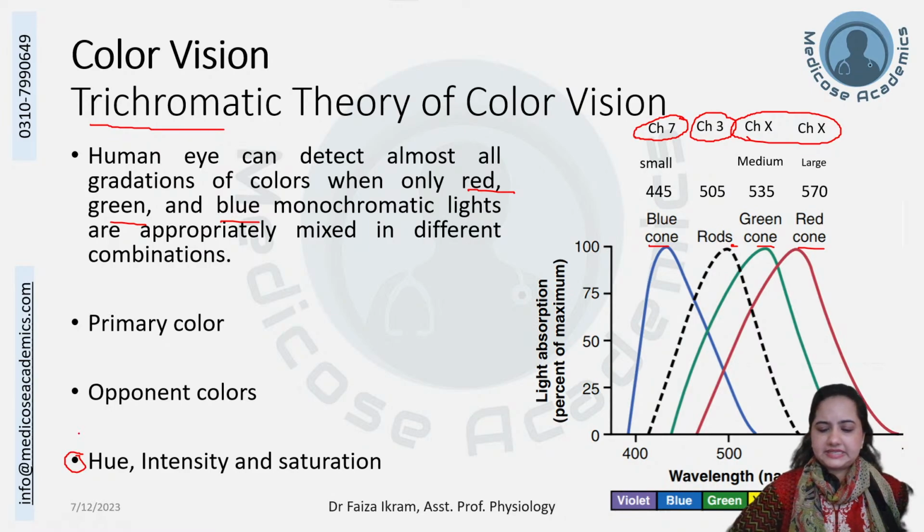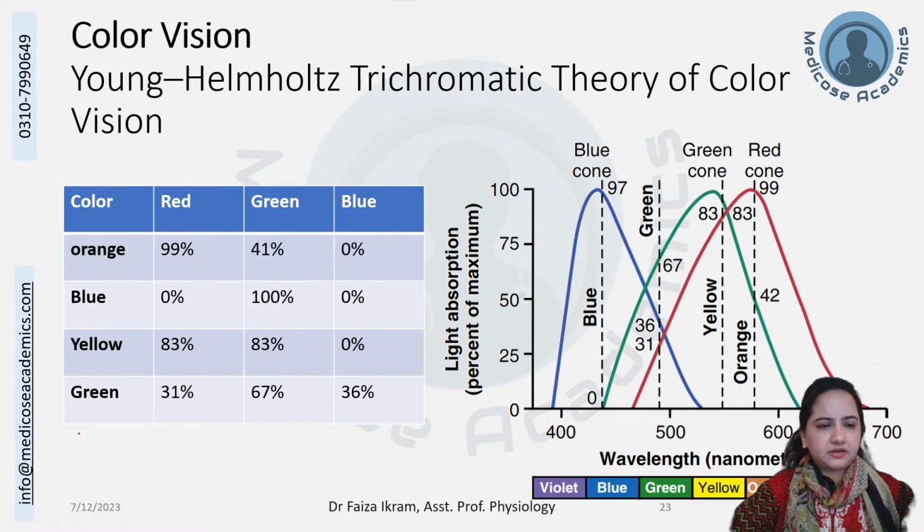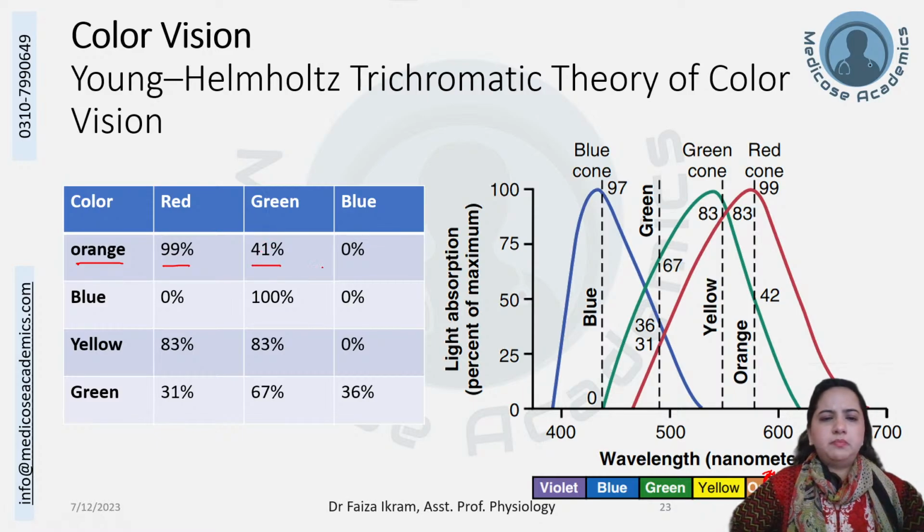For now, let's stay simple. If everything else is kept constant, how are these colors perceived? Let's have a look. For orange color in the spectrum, it is stimulating mostly the red cones, somewhat green cones, but not at all the blue cones.